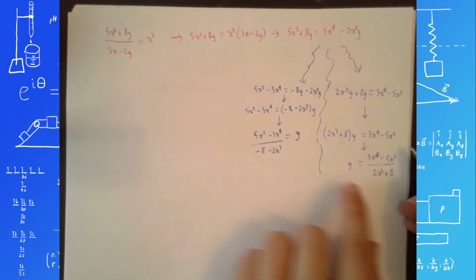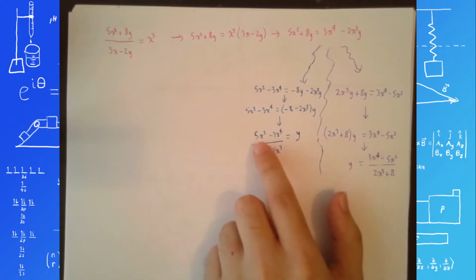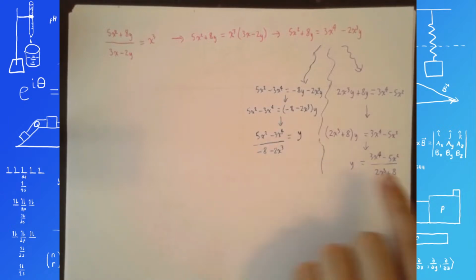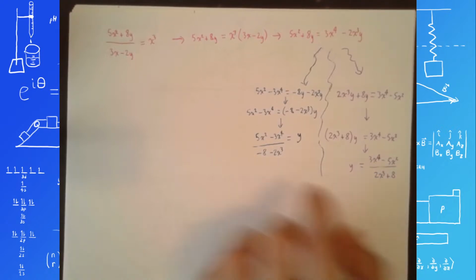And you might look at these and go, well, they don't look the same, but they actually are, because 5x squared minus 3x to the fourth is the negative of 3x to the fourth minus 5x squared. So whenever you flip the order of subtraction, that's something a lot of people forget. You are just getting the negative of something.